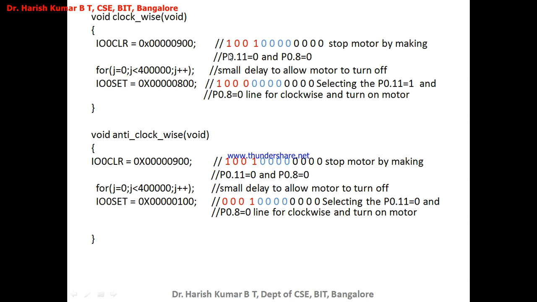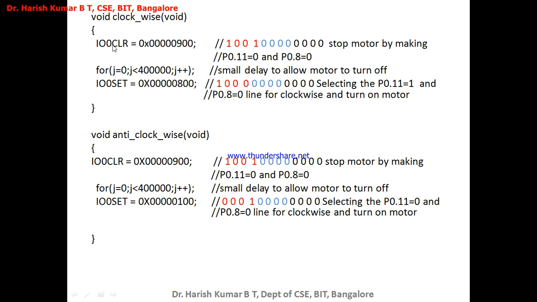Now I want to make P0.11 equal to 0 and P0.8 also go low. So what I have to do is assign 1 to these bits. I have given 9, that is 1001. This bit in IO0CLR corresponds to port pin P0.11, and this bit corresponds to port pin P0.8.